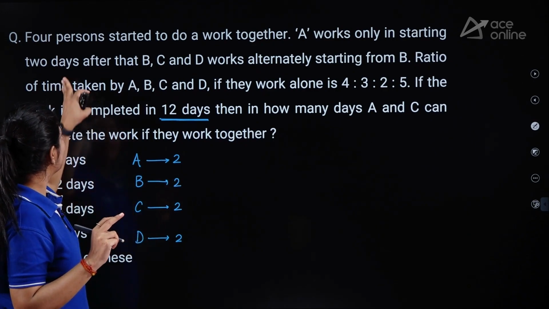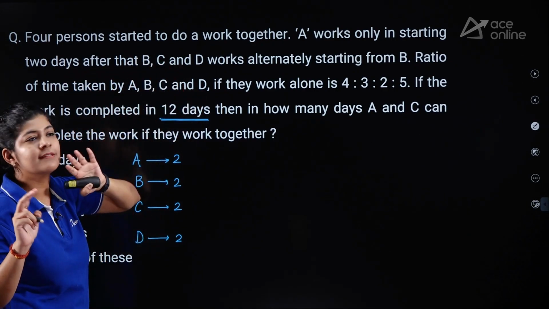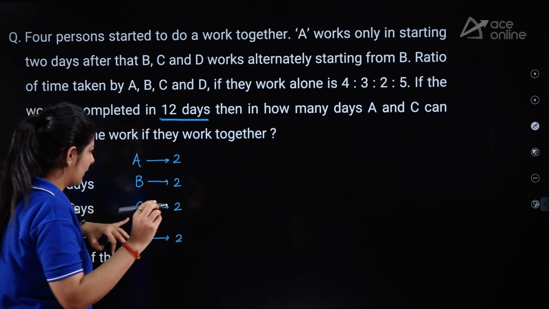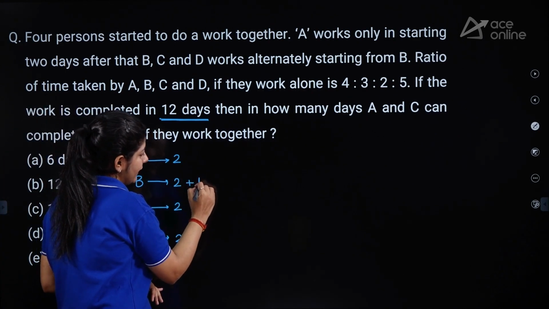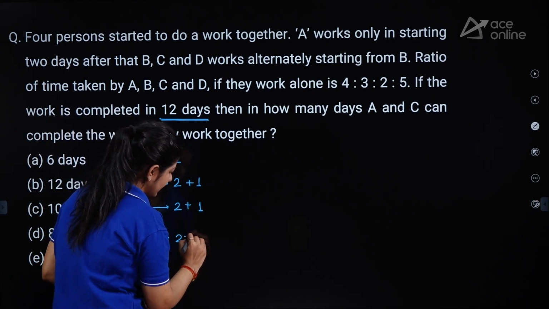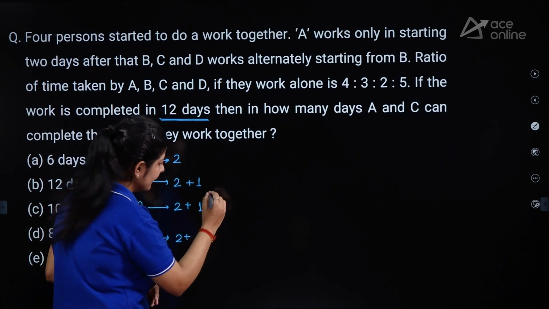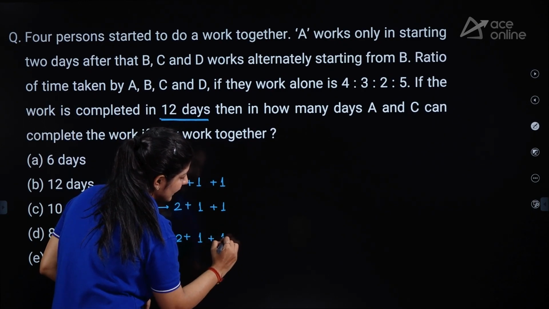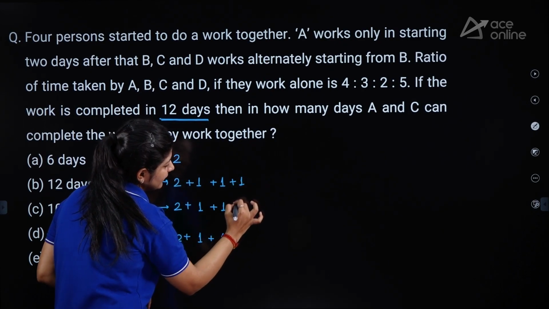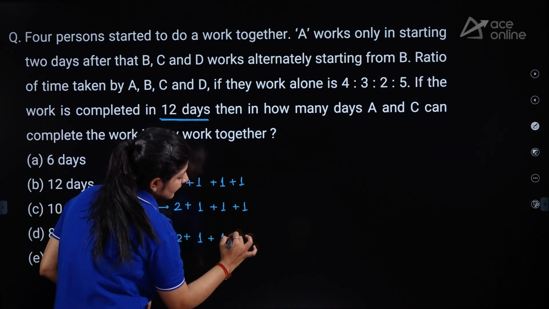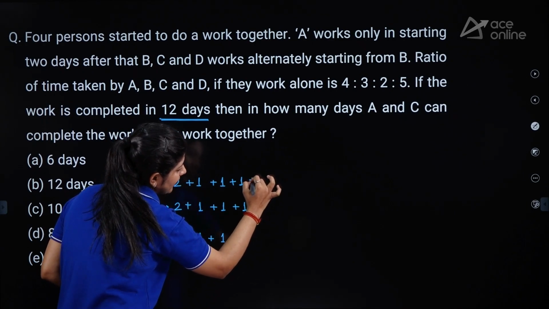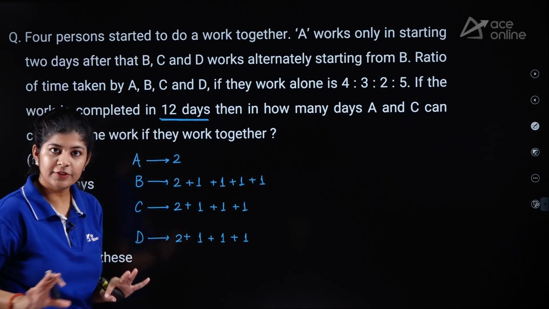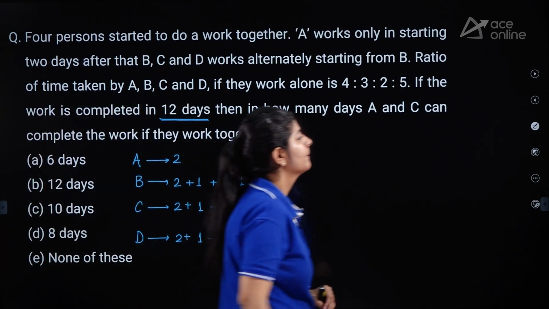And after that, B, C and D start working alternatively. So 3rd day, 4th day, 5th day, 6th day, 7th day, 8th day, 9th day, 10th day, 11th day, and 12th day. The work is completed.